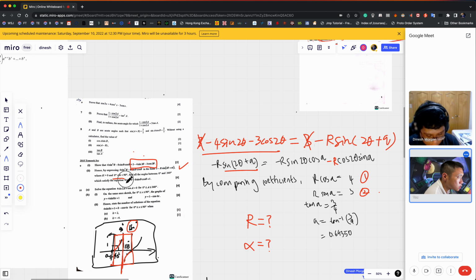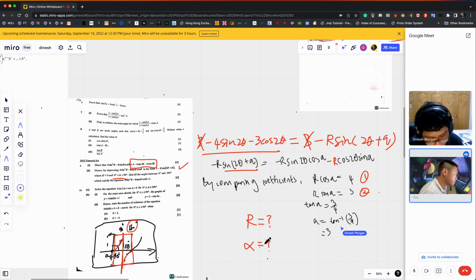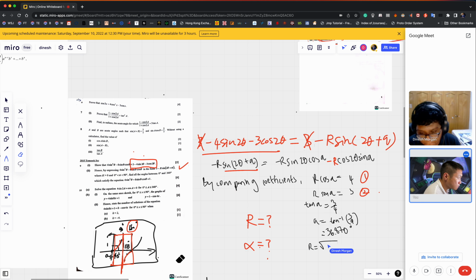So just to caution you, you should use degree mode. Alright, good.